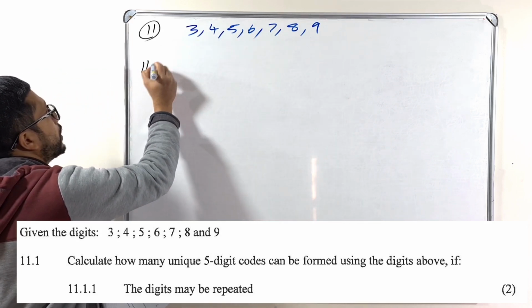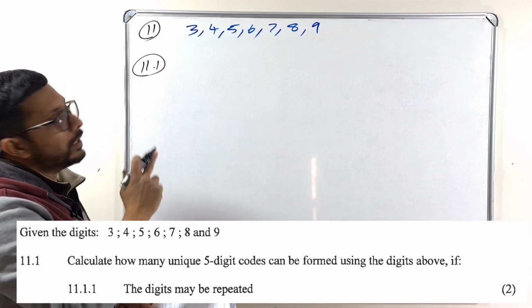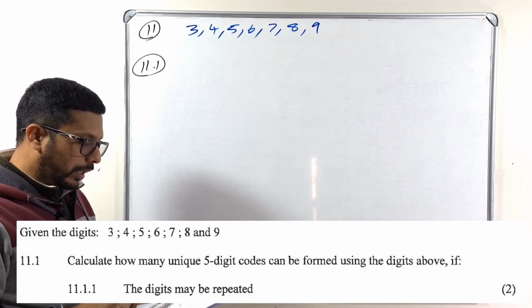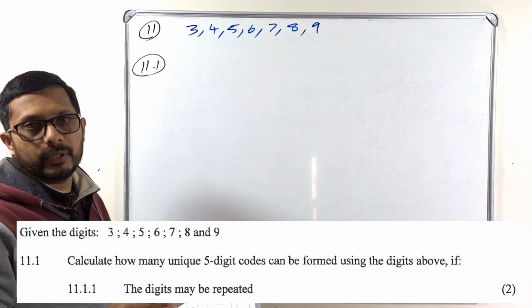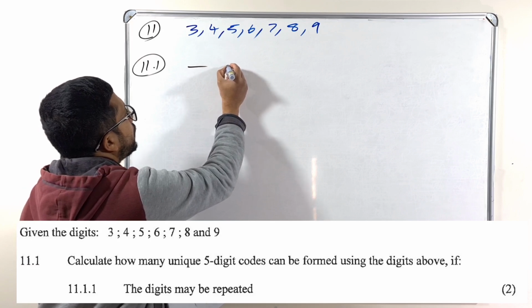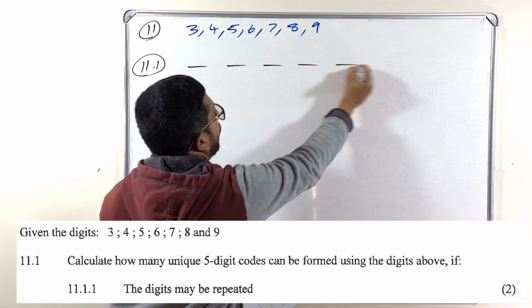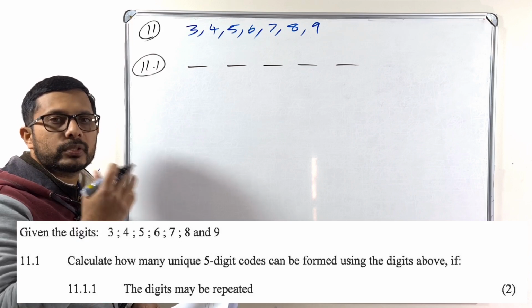So what is the first question? Using these 7 numbers, calculate how many unique 5-digit codes can be formed. How many digits do we want to form? 1, 2, 3, 4, 5. We want a 5-digit code. How many options do we have?